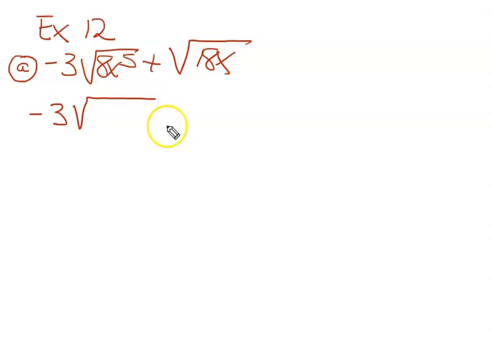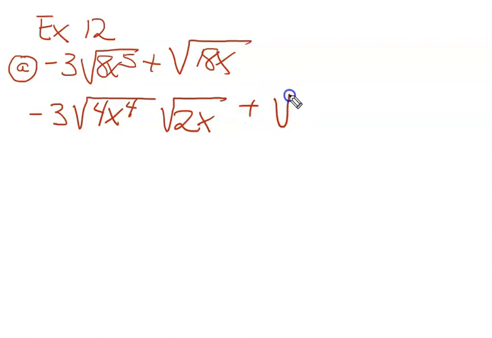Now, a perfect square here, and what's left over would be 4 times 2, x to the 4th, and this would be 2x left over from this term. And then from this term, we get a plus the square root of 9 times the square root of x. So we're 2x, I should say.